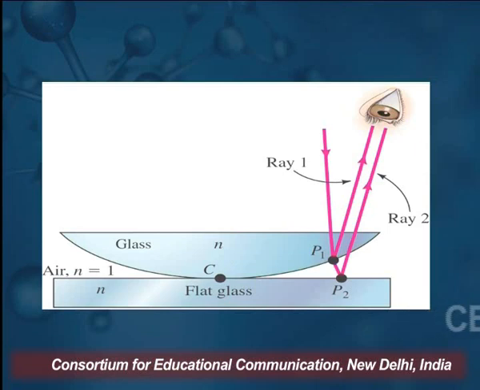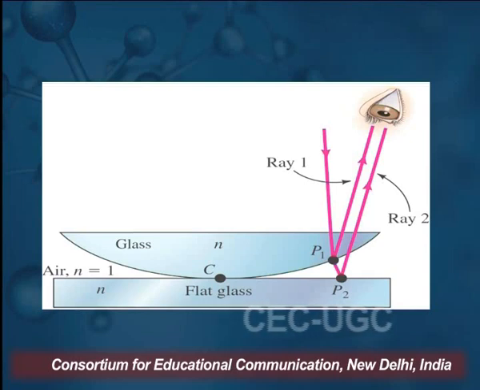Here in this arrangement we have a flat glass plate on which a plano-convex lens is mounted, which is also made of glass. On the left-hand side there is an air film, n equal to 1, which represents the refractive index. Sometimes it is written mu equal to 1. So the air film is in between the glass plate and the plano-convex lens.